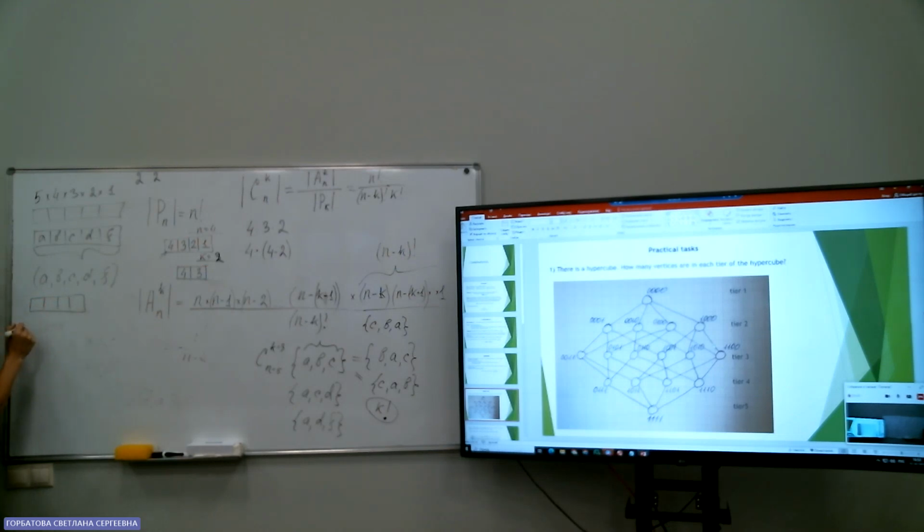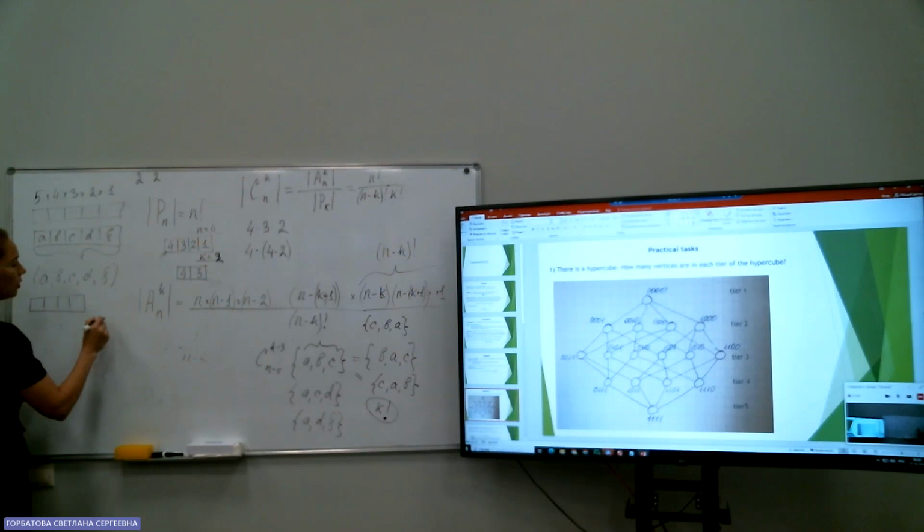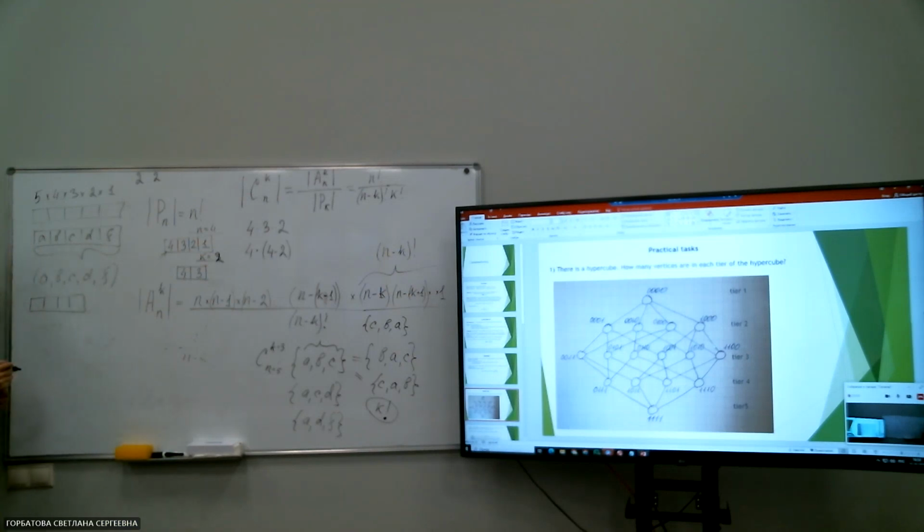And we are trying to arrange 2 digits. 1 or 0. Yes, we're trying to arrange 1, for example, 2 digits 1. Okay. So we have 4 factorial over (4 minus 2) factorial times 2 factorial. And why will k be 2?